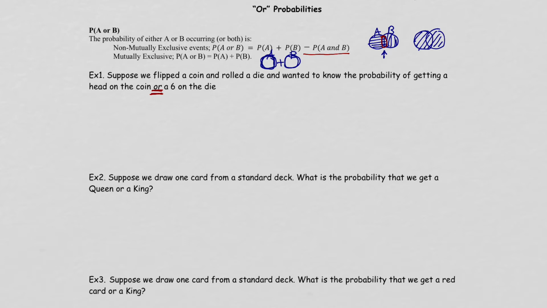So then we're going to find the probability of getting a head or, which is the most important thing, OR sign, you can use the union sign, a 6. It is the probability of getting a head plus the probability of getting a 6, and then you subtract the probability of getting a head and 6.